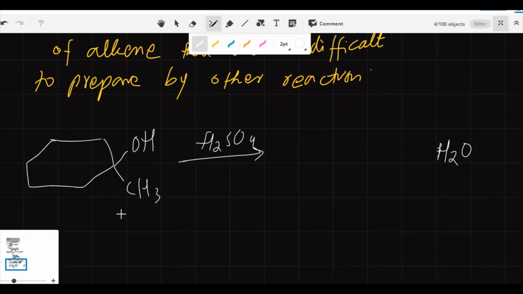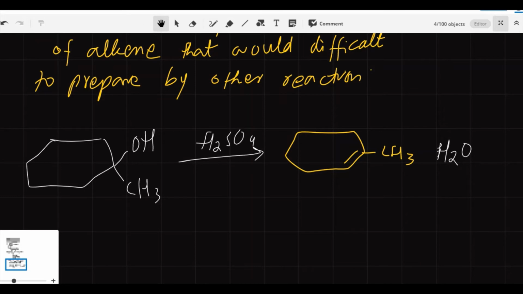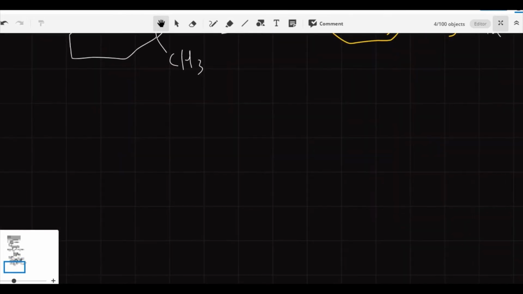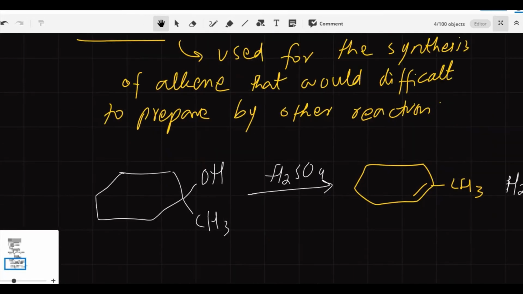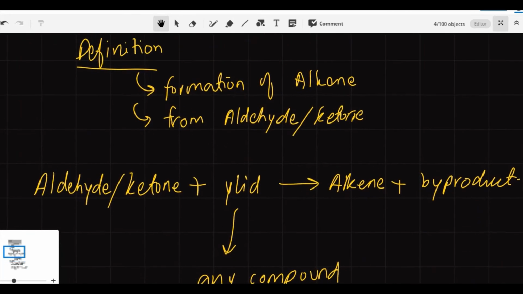Instead of methylene, there is the formation of 1-methyl cyclohexene. So there is no formation of any methylene product. That covers the definition and the importance.